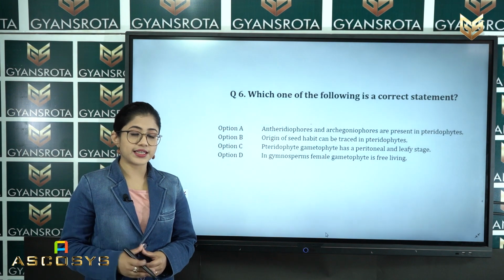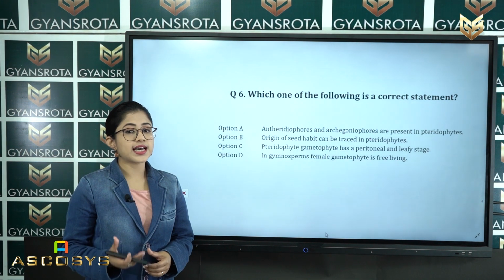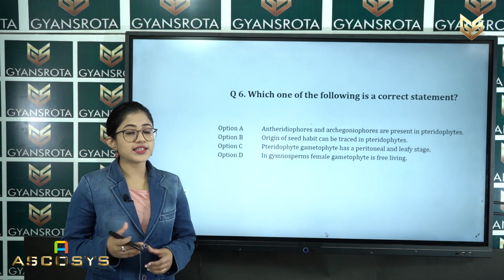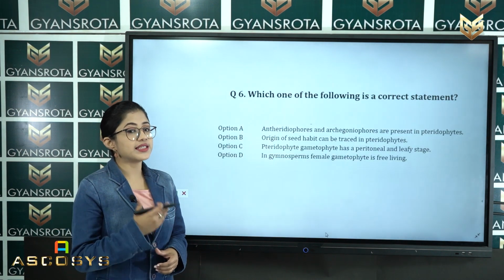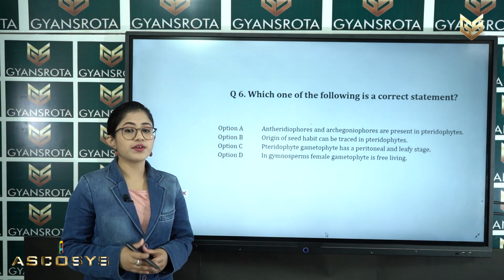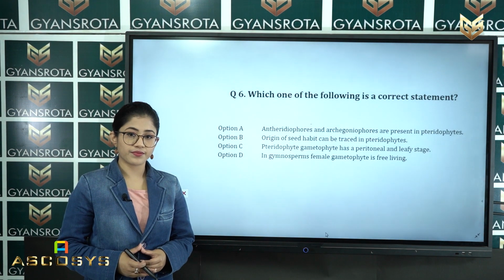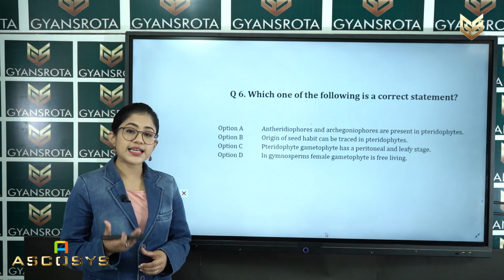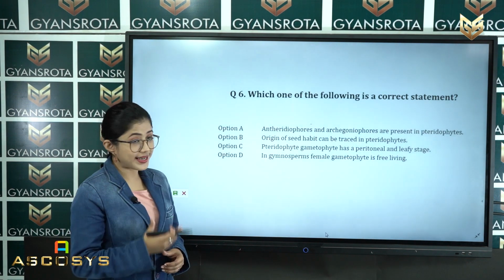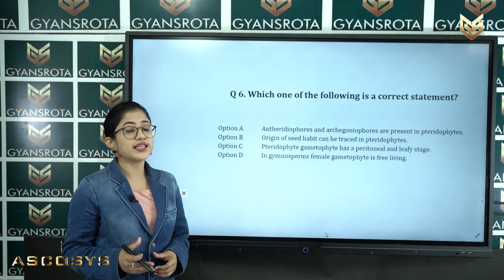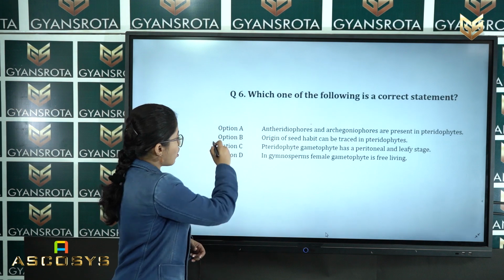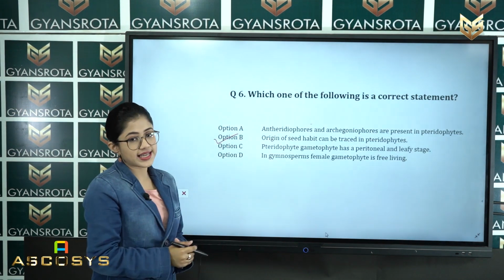That is incorrect because they have the protonemal and leafy stage in the sporophytic stage. Next is option D, in gymnosperms, female gametophyte is free living. That is also incorrect, which means from these 4 options, option B is the only correct statement. So, option B is the correct answer.